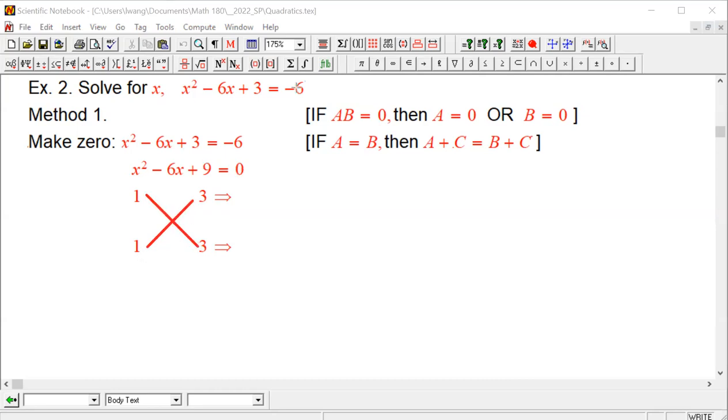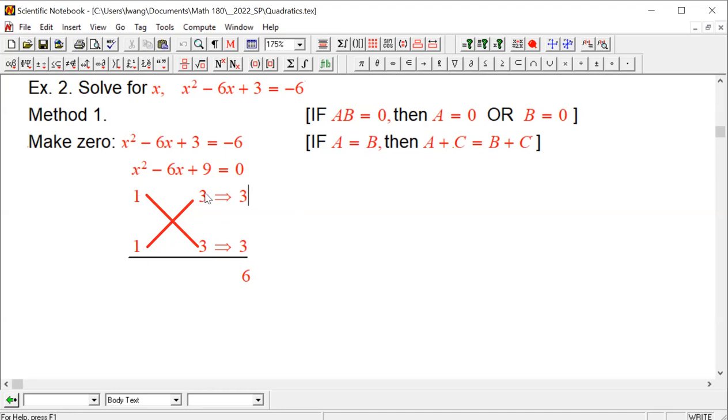So 1 times 3 is 3. 3 plus 3, what do we get? We get 6, right? Does 6 match the number in front of x? It doesn't. Okay, try again, right?